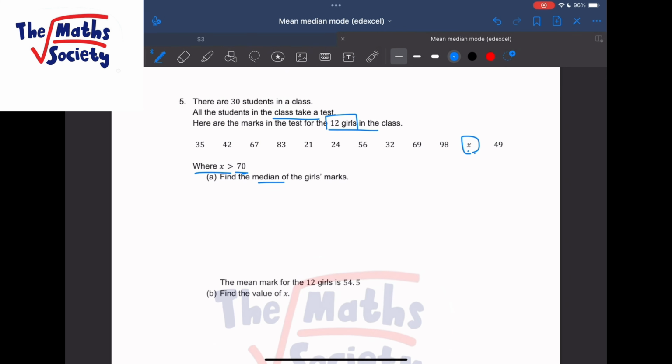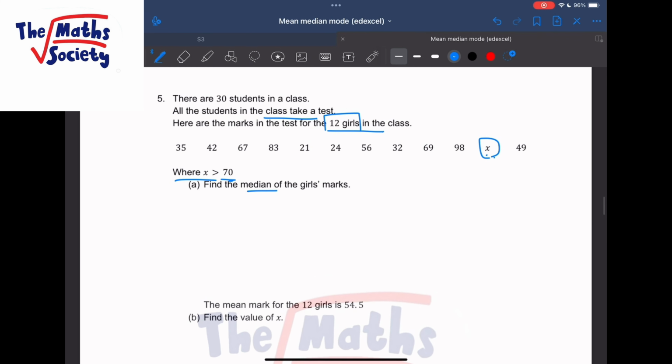So we will have to reorder it because x is greater than 70. So we know that x is somewhere after 70 and probably less than 80.